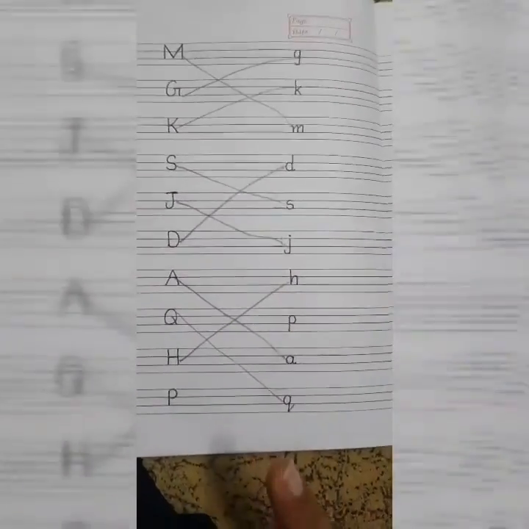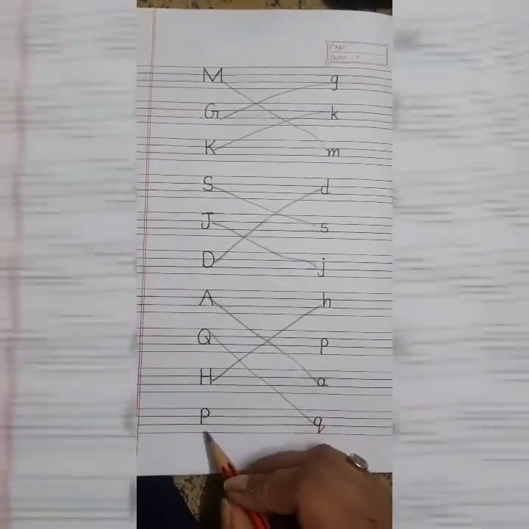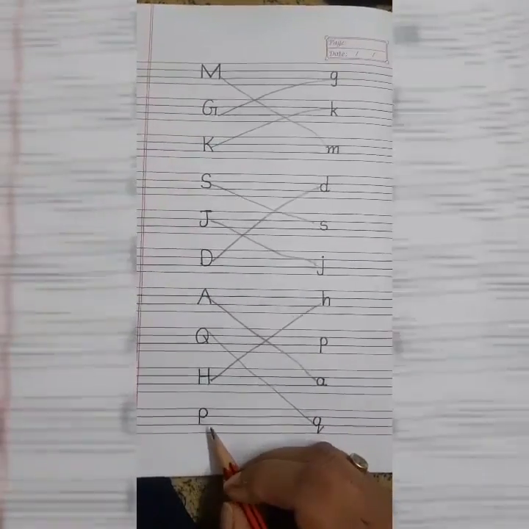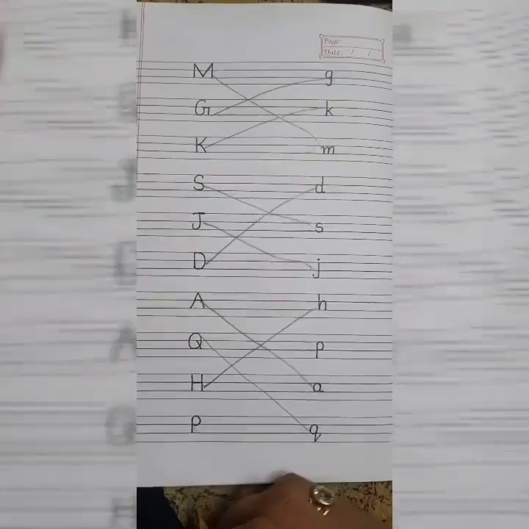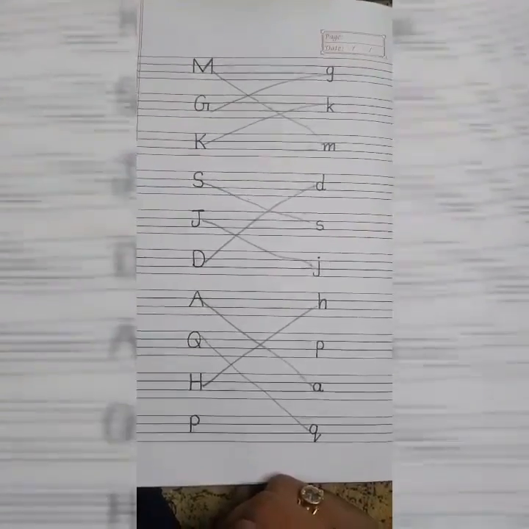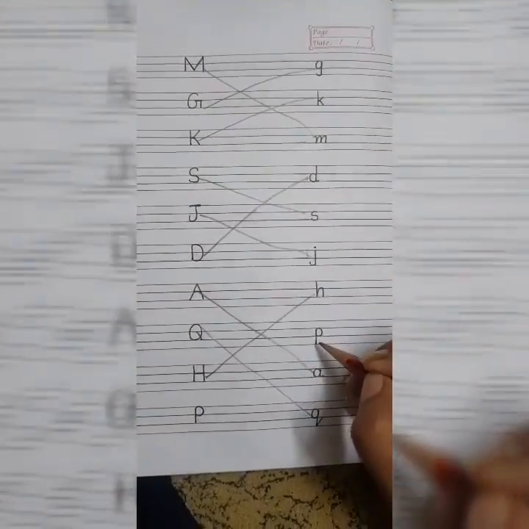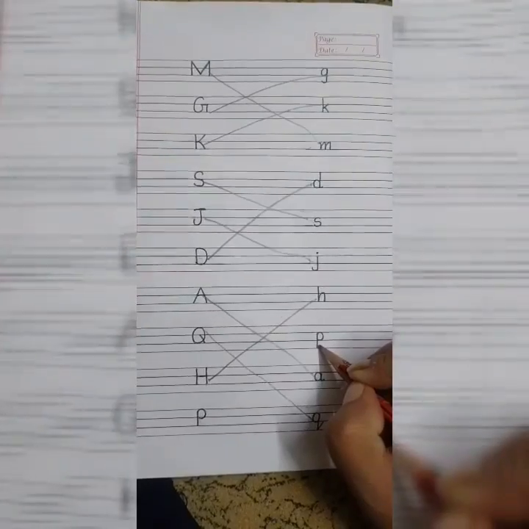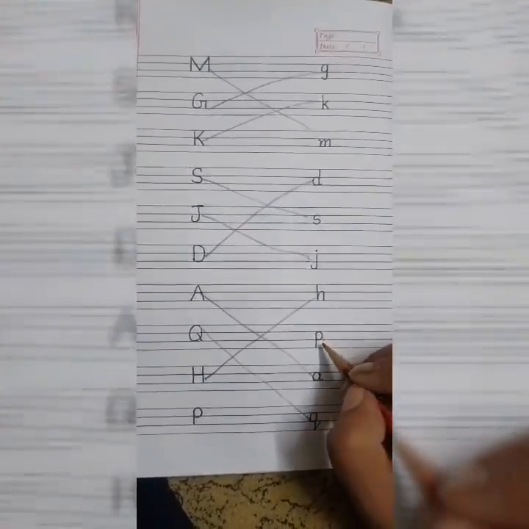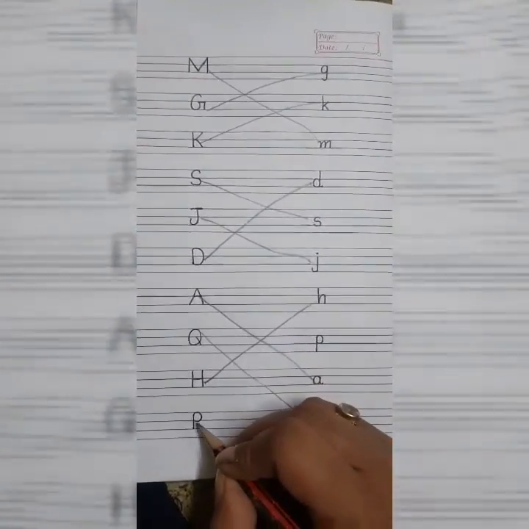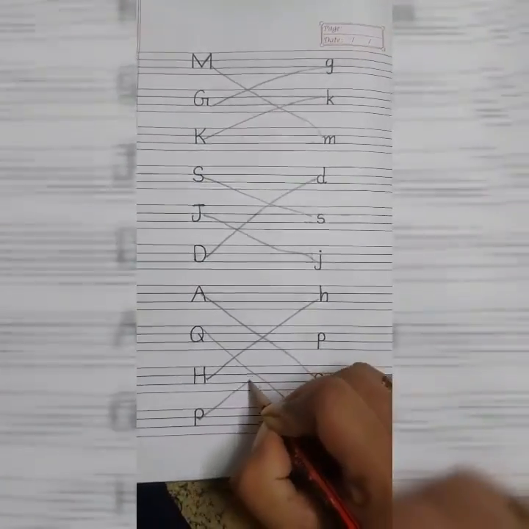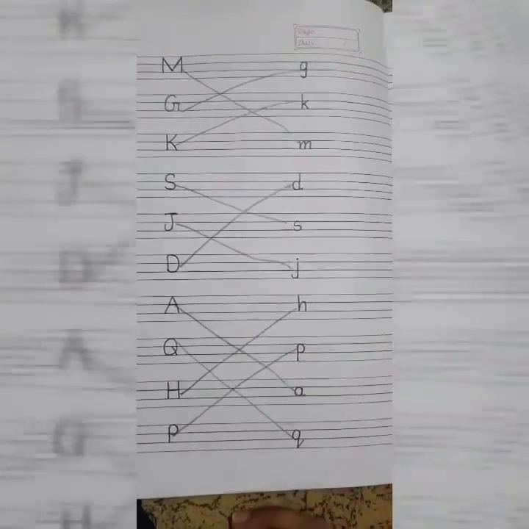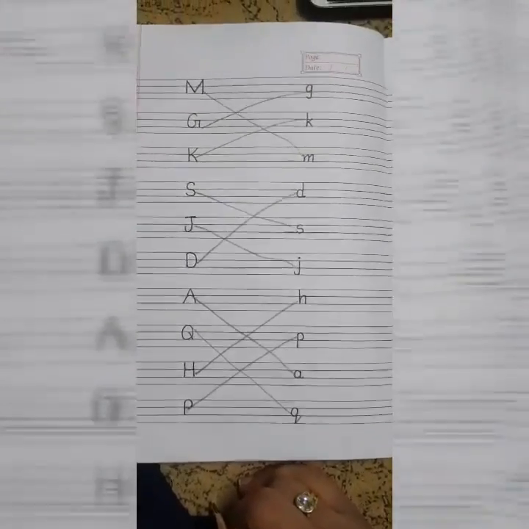Okay. Now only two letters are left. Para, which letter is this? Very good. It's a letter P. And in this row only this letter is left. So what we will do? We will match letter P with small case letter P.